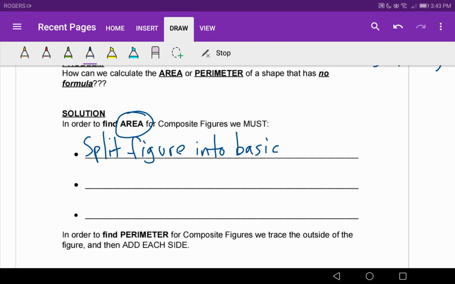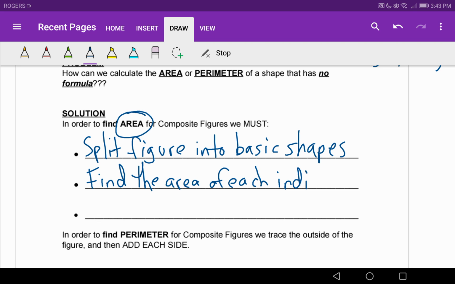So the basic shapes that I listed above, right? Step 2 is to find now the area of each individual basic shape.